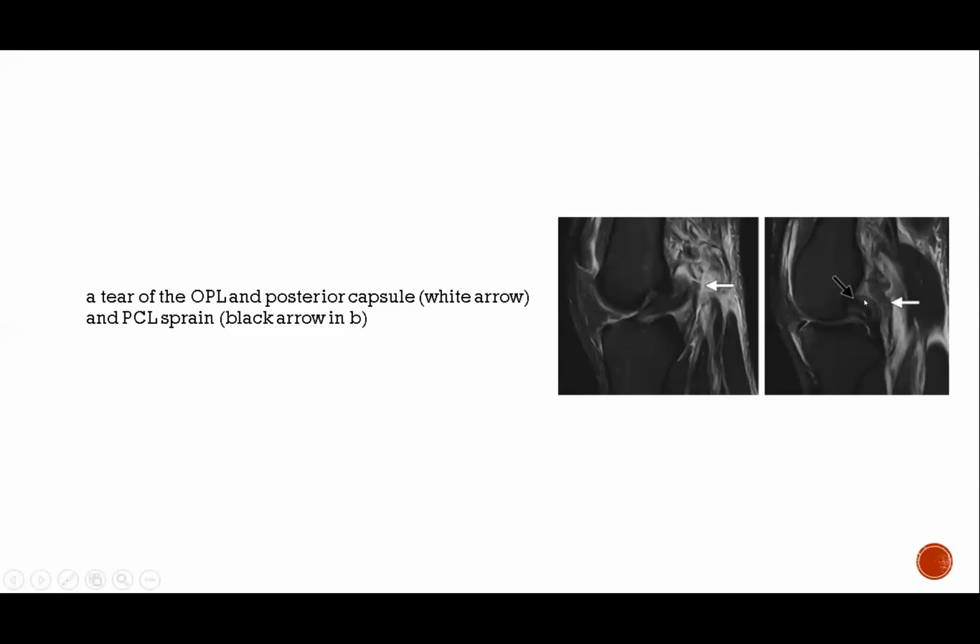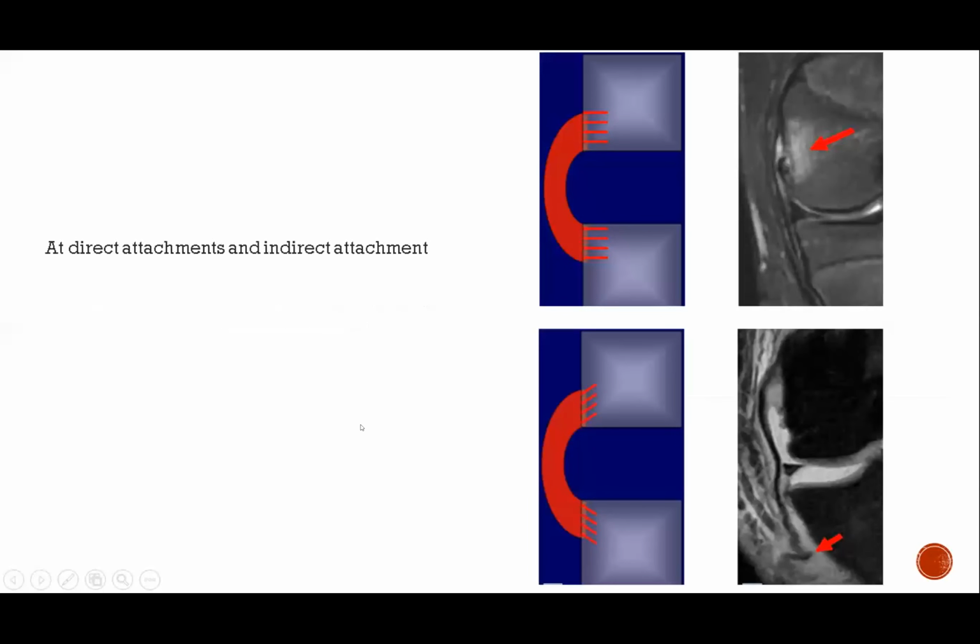PCL sprain, we can see. So this is the concept where the direct attachment of the ligament to the bone, if it is at right angles to the bone, it is stronger, and tear at this junction causes contusion in the bony attachment.